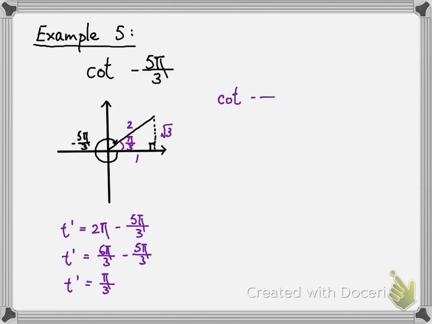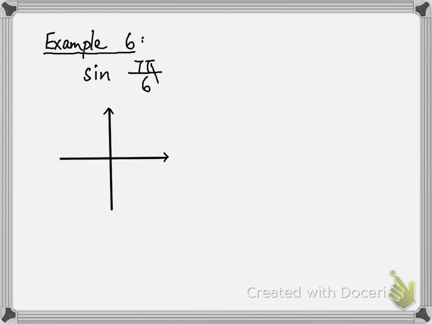Cotangent of negative 5 pi over 3 equals adjacent side 1 over opposite side square root of 3. We need to rationalize the denominator by multiplying square root of 3 to both numerator and denominator, and therefore cotangent of negative 5 pi over 3 equals square root of 3 over 3.